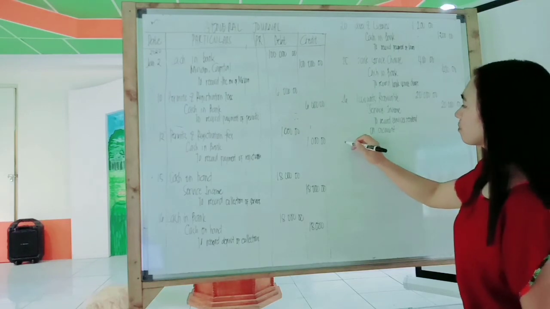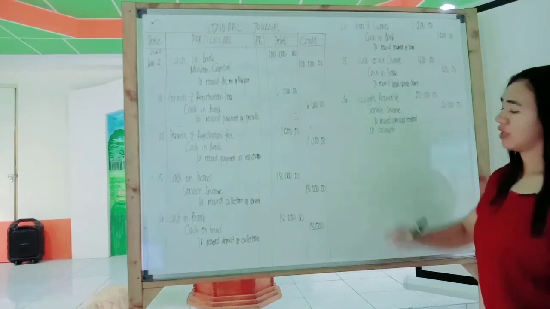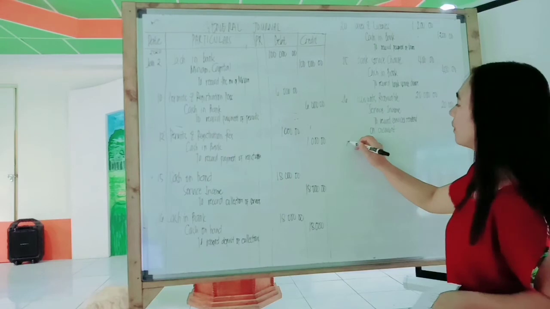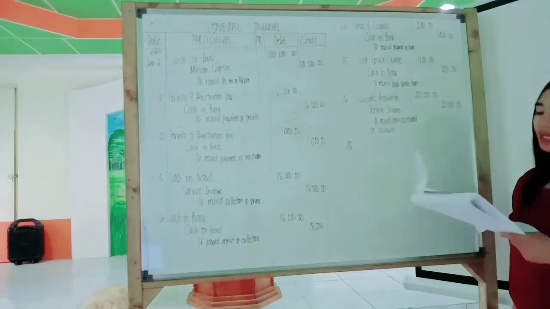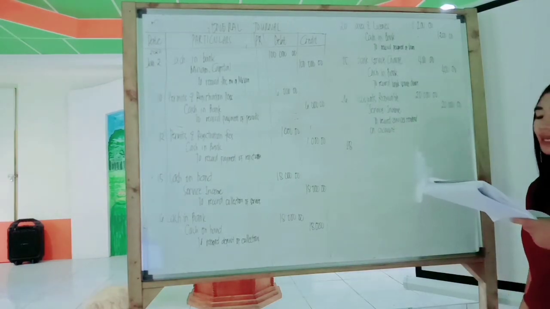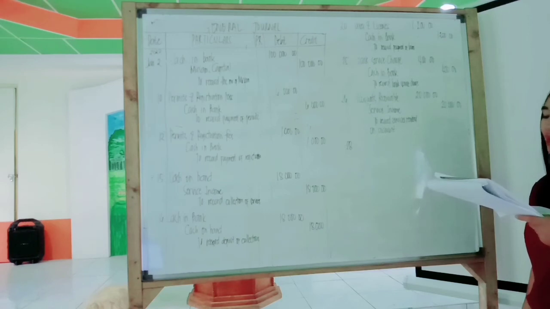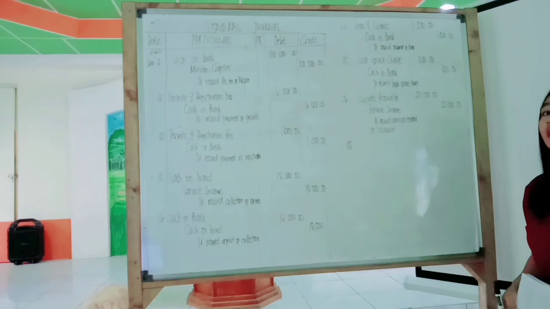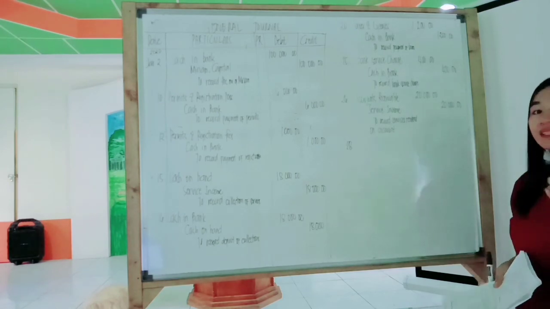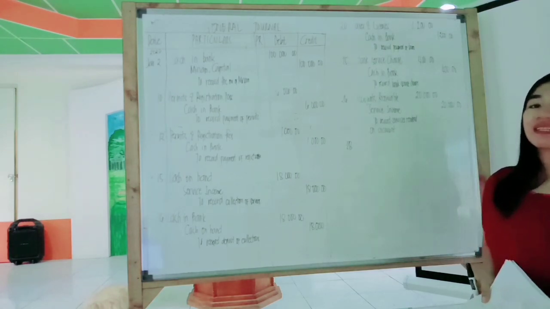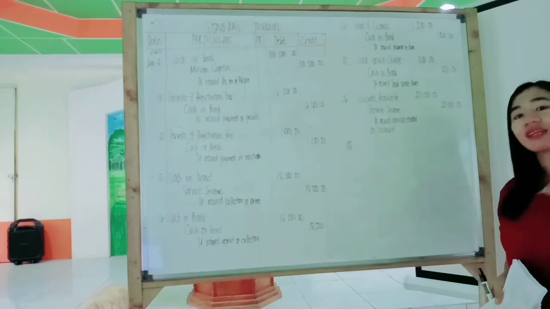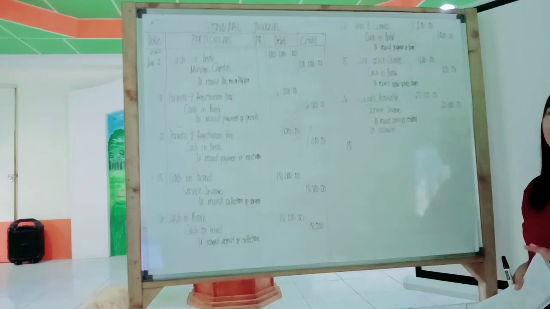And then, next transaction happened on January 28. Ano nangyari noong January 28? Receive advance payment from a client, OR number 12,000. So, ang nangyari, may client tayo, hindi pa natin nare-render yung service sa kanila, pero nag-advance payment na sila sa atin.